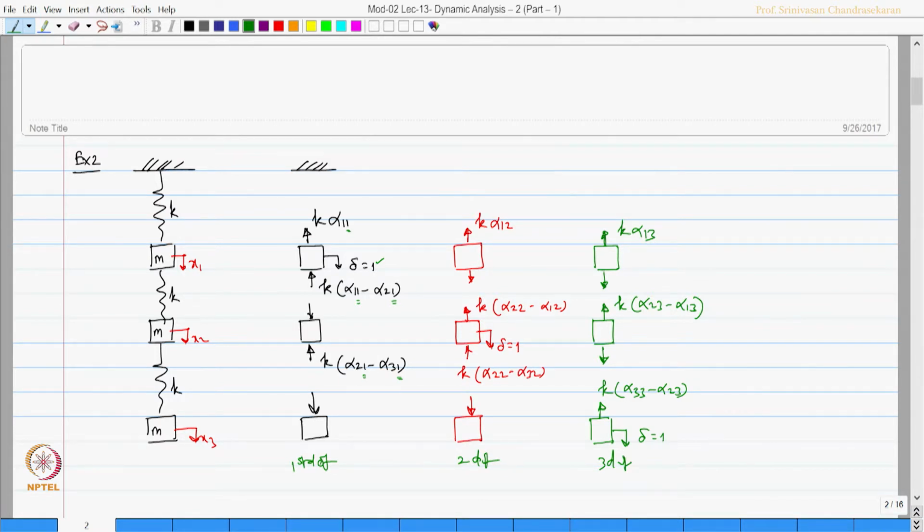So, let me write down the equations based on this. Let us take the first figure, that is, this is the master figure, this is figure 1, this is figure 2, this is figure 3. Let us take figure 1.